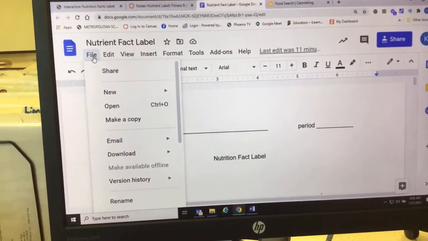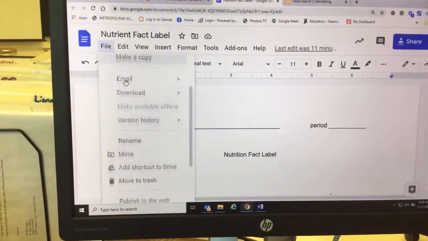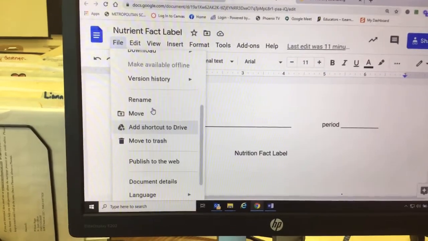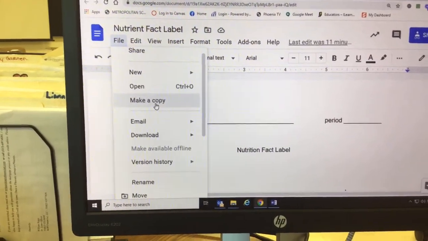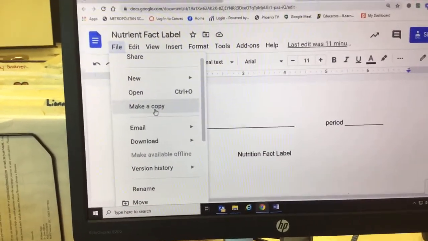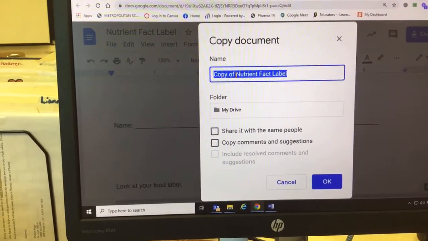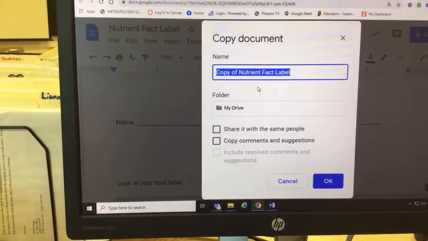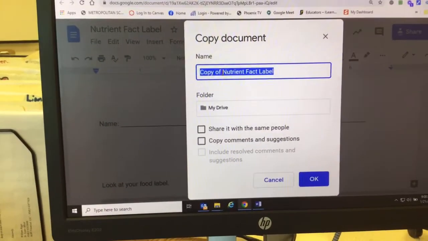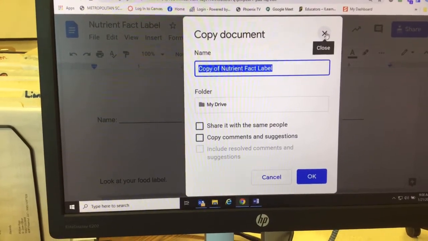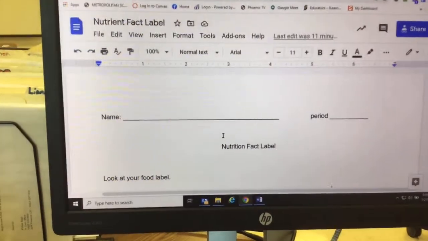So you'll go to File, and then there should be a Save button on there for you somewhere, oh, Make a Copy. That's what you want, Make a Copy. So you'll click this Make a Copy button. You'll title it, not Copy of a Nutrition label, title it your name or something, or, you know, Miss Johnson's nutrient fact label, and then hit OK so that you have your own copy to write on.